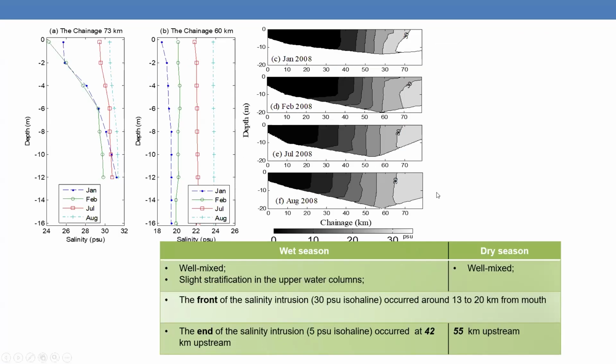So the salinity vertical profile: you can see that in some periods it is stratified, and in some periods it is well mixed. From the data set you can see very clearly that in summertime it is stratified, and in wintertime it is more well mixed. All of this information gives you an idea about the structure of the water properties in the river.